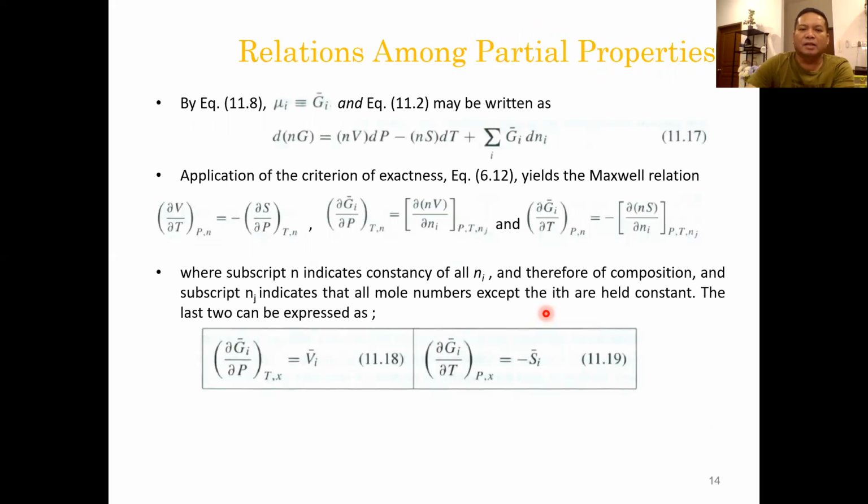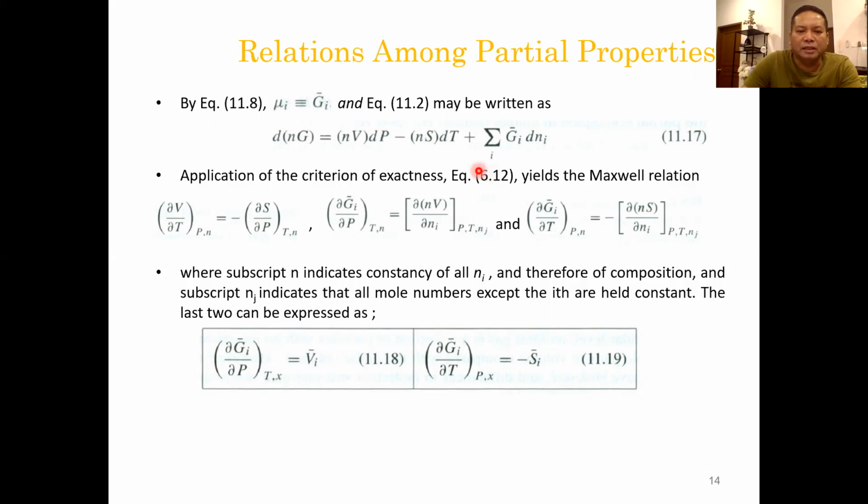Right here. From equation 11.8, we can say that chemical potential is equal to the Gibbs energy. So we can return it into this form here, and application of exactness yields the Maxwell relations. This was done earlier in the previous lecture in your Thermo 1.